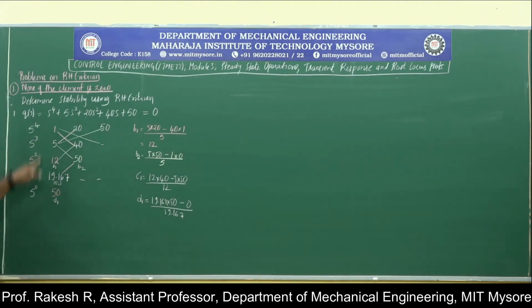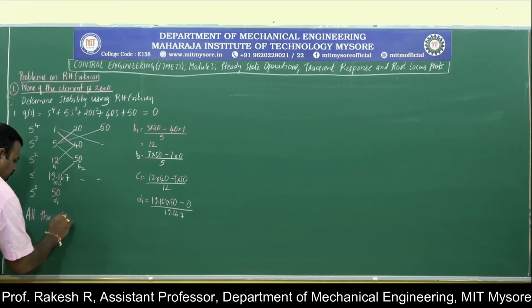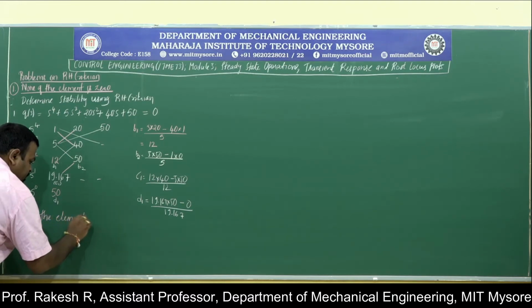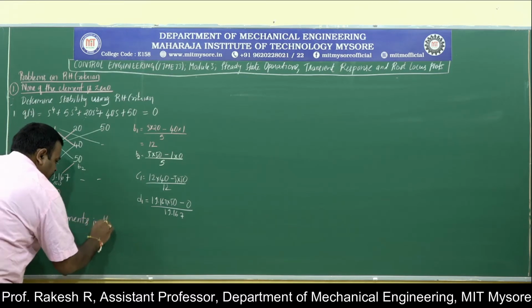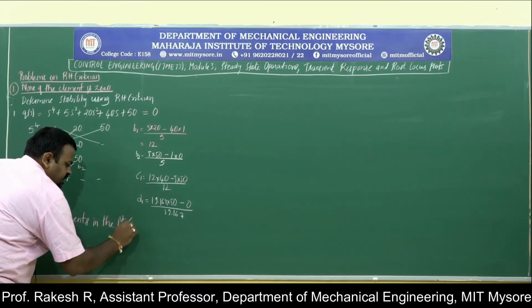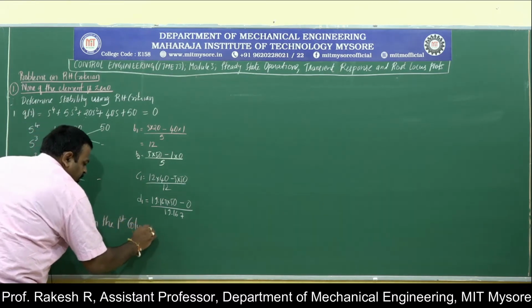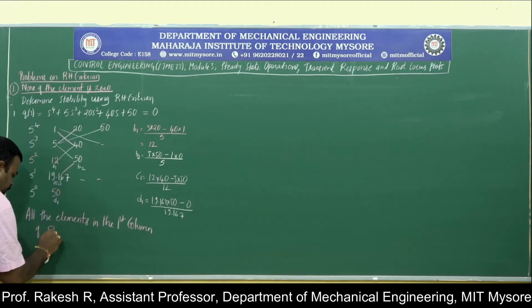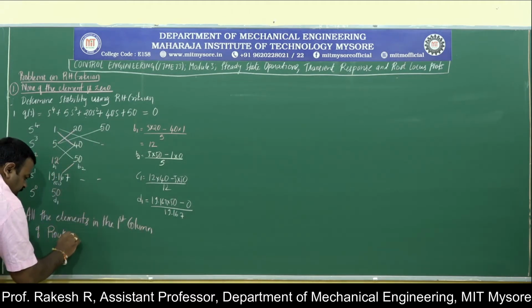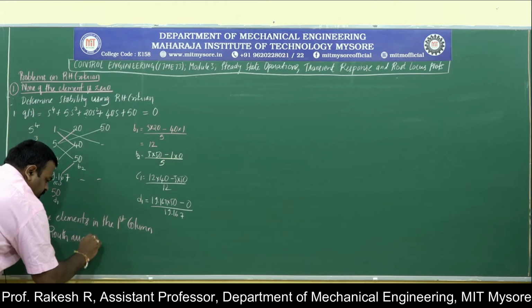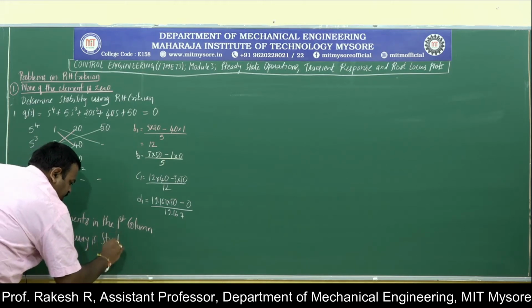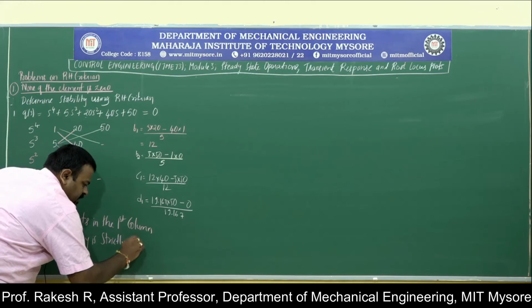So here you observe the first column of the Routh array. Here all the elements in the first column of Routh array is strictly positive.